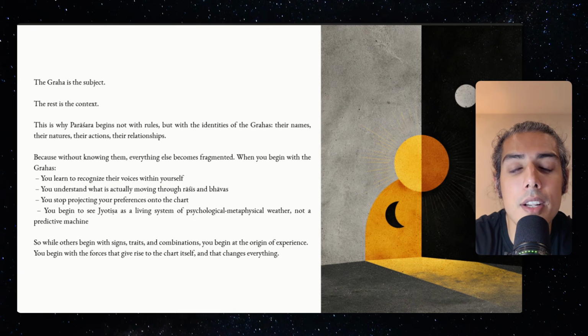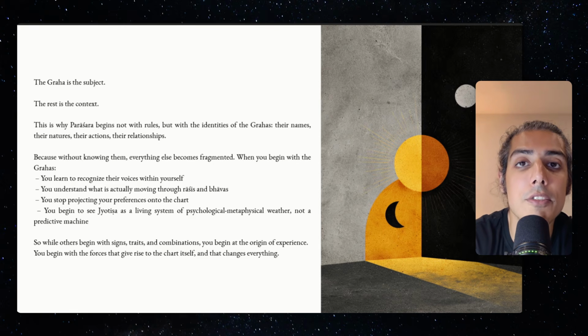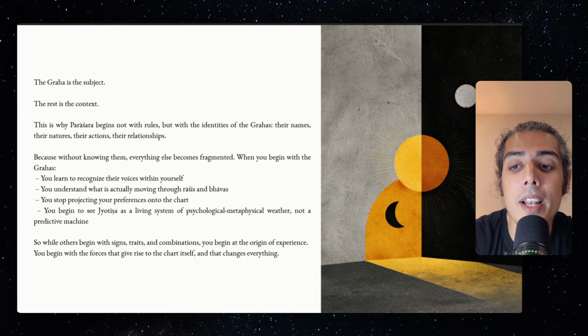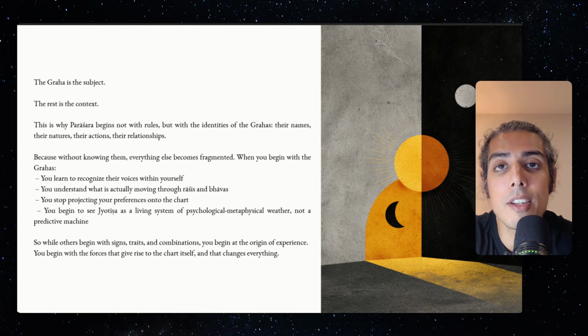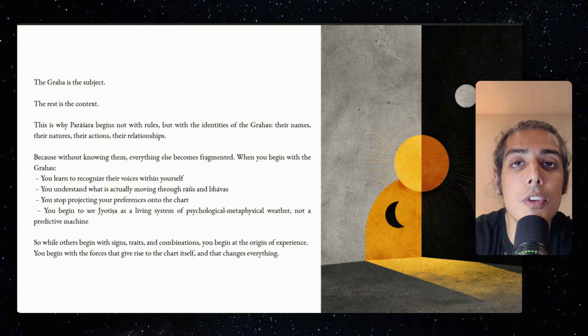When you begin with the grahas, you learn to recognize their voices within yourself. You understand what is actually moving through rashis and bhavas. You stop projecting your preferences onto the chart. You begin to see Jyotish as a living system of psychological metaphysical weather and not a predictive machine. So while others begin with signs, traits, and combinations, you begin at the origin of experience.